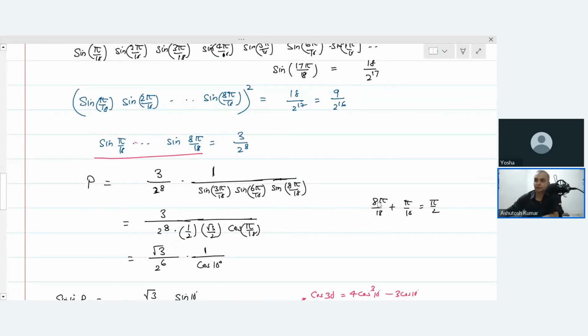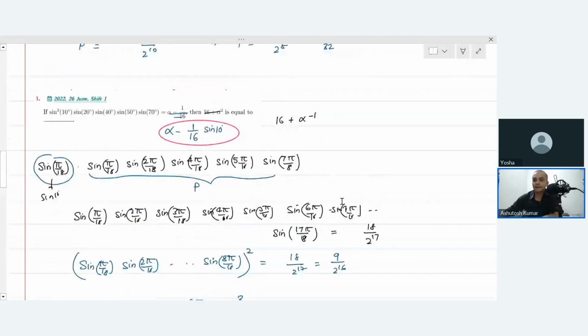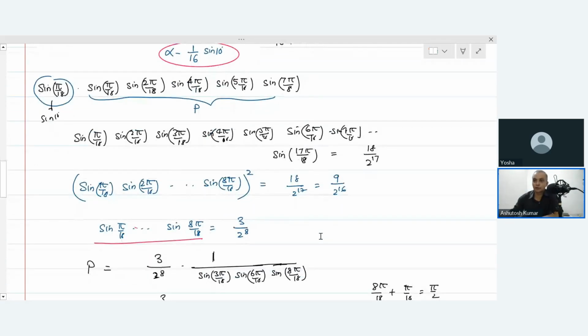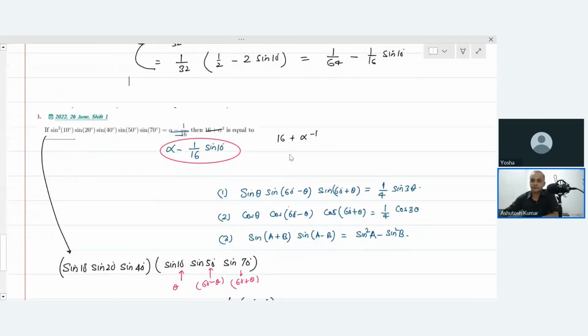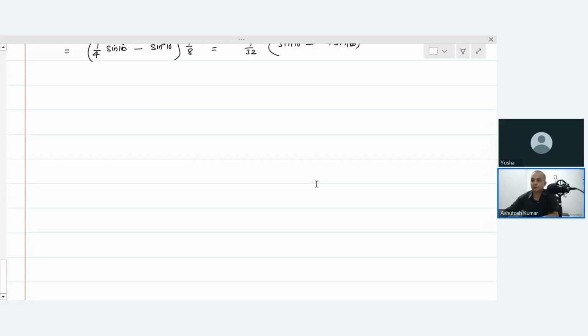Got it? We are learning this kind of application for the first time, so maybe we are struggling to figure out what is happening. But after 2 or 3 questions, you realize that the first 2 or 3 steps we don't have to do. We can calculate them in mind itself. Okay, and from there we can do the remaining steps. Understood? Yes, sir. Okay, good.